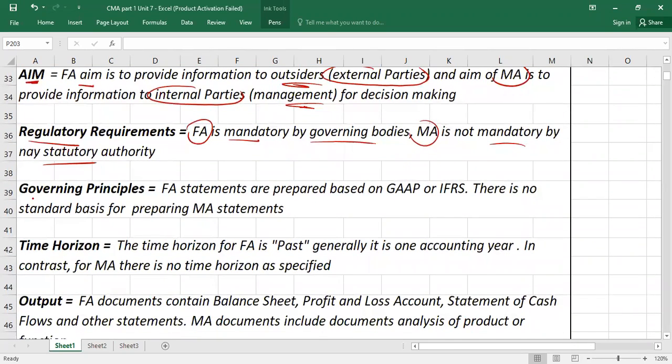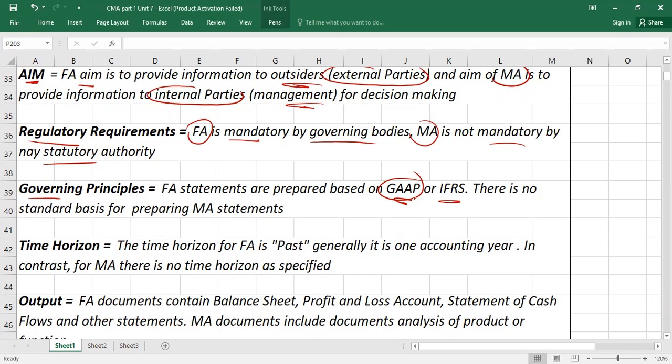Then we have the governing principle. When we do financial accounting, we always follow either US GAAP or we follow what? IFRS. GAAP is the US based accounting system. IFRS is the international accounting system. So what is GAAP? I hope you know it. It's called Generally Accepted Accounting Principles.